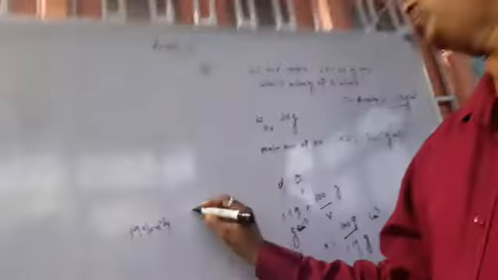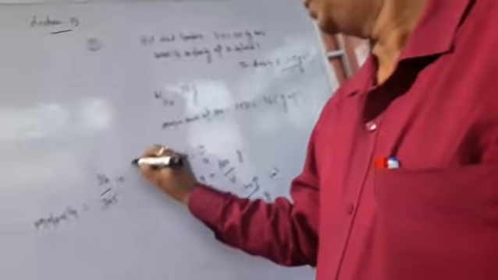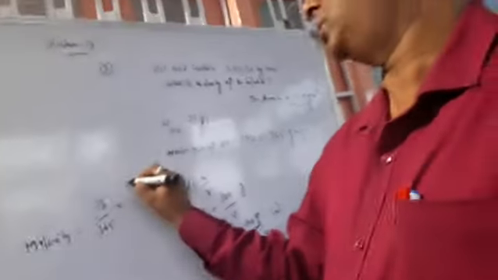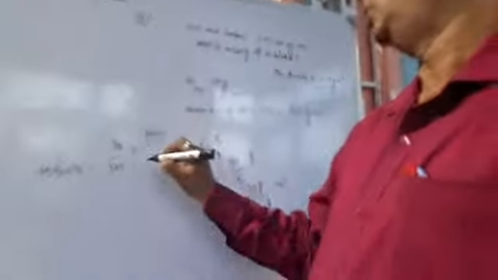Now we have to find the molarity. Molarity is equal to mole of solute, that is 38 by 36.5, into, since the volume is in cubic centimeter, we change it into liter by dividing with 1000, upon 100 by 1.19.